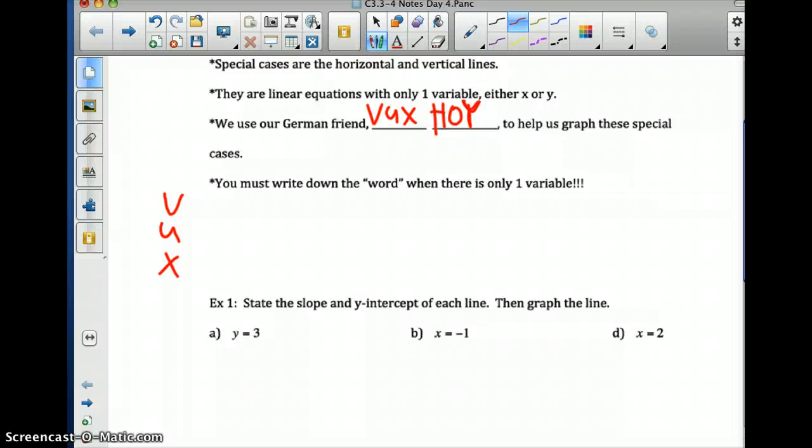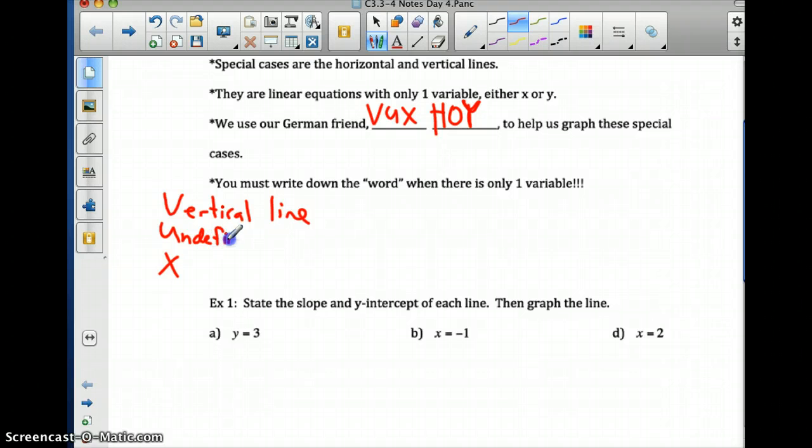Somebody want to take a guess at what the V stands for? Henning? Vertical line. So if we're talking about a vertical line, we're talking about our buddy Vux. I don't think you'll get what the U stands for yet. Everyone want to take a guess?